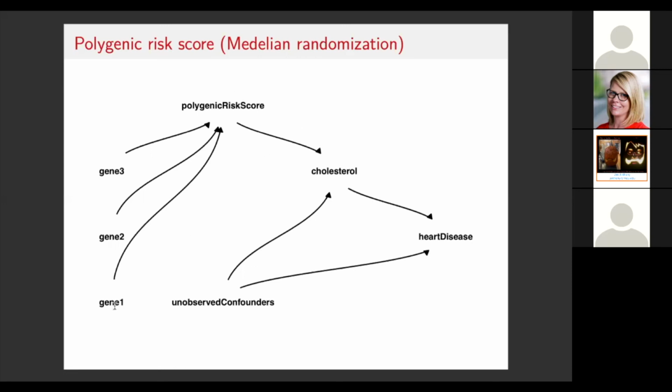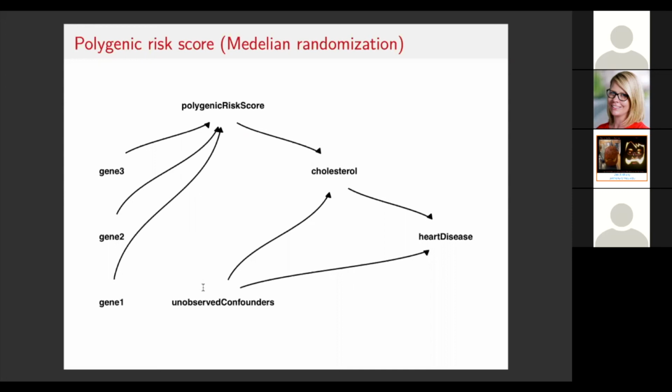And if you are able to assume, and this is the thing, that these genes are affecting cholesterol through the polygenic risk score only, and don't have a direct effect on the heart disease, then this would actually help you get rid of the effect of these unobserved confounders.